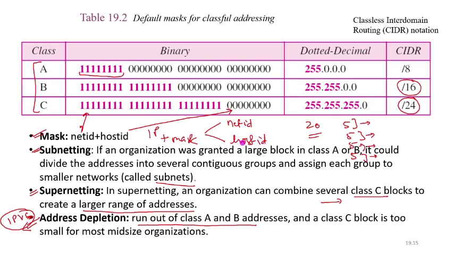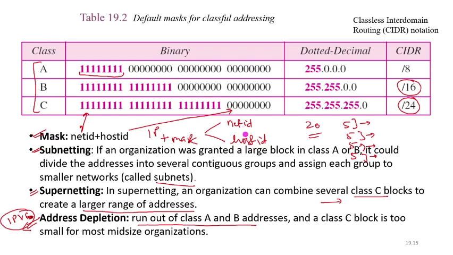We will look at this in the next PPTs, taking an example to find the host ID and net ID, and how the mask is used in coordination with the IP address.